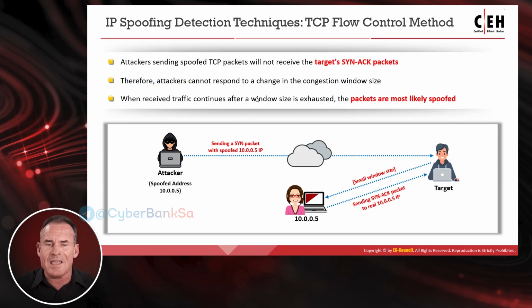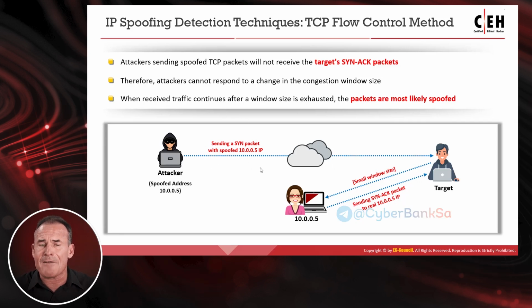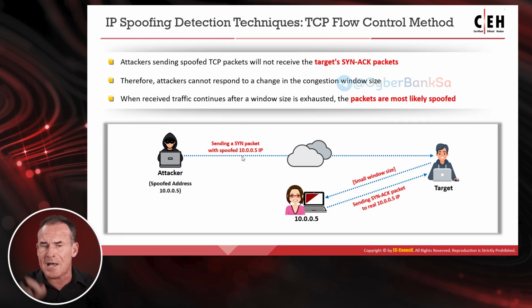So if the spoofing IP continues to send packets in after exhausting the window size, that indicates they're not receiving the window size negotiations or the window size in the outbound packets from the target. So all 3 of those can be used to determine potentially suspicious traffic, implementing some sort of IP spoofing.